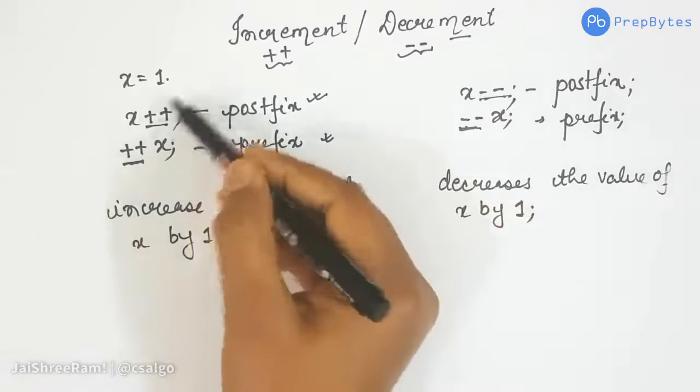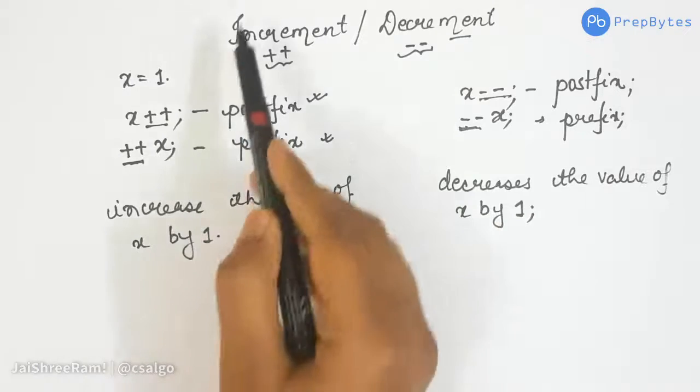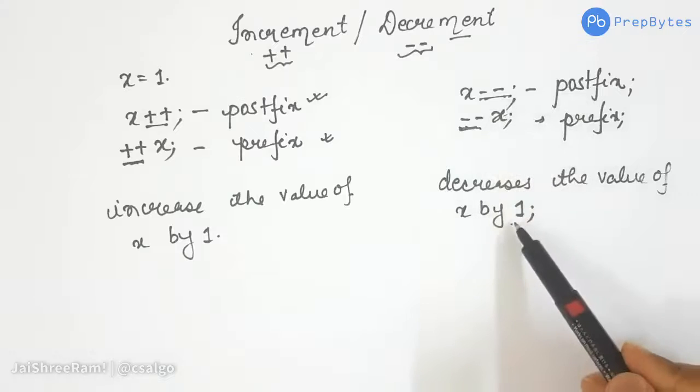So in both cases the value of x is getting incremented by 1 in case of increment and decremented by 1 in case of decrement.